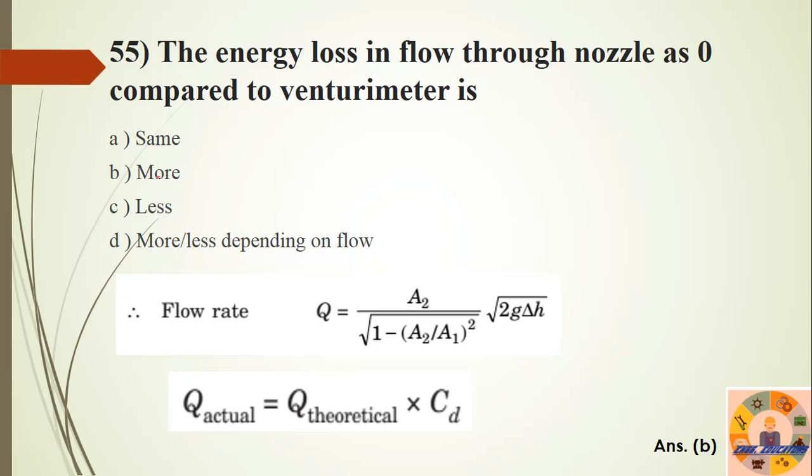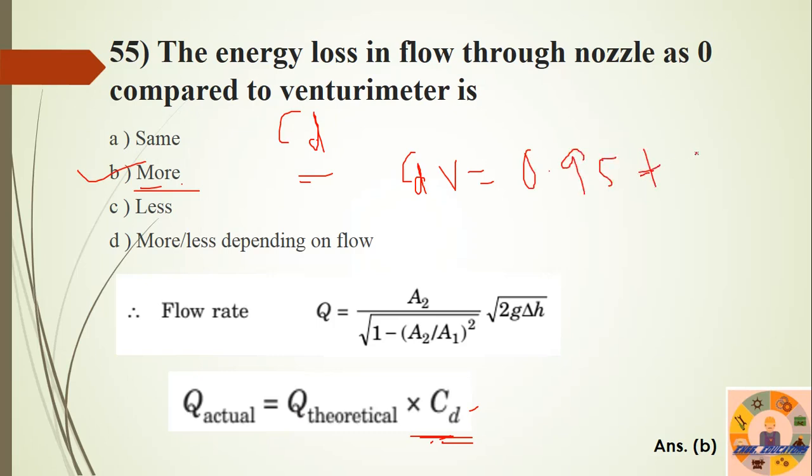So the right answer of this question will be option B, more, because we know Q actual is equal to Q theoretical into CD, and here the CD, that is the coefficient of discharge for Venturimeter, is around 0.95 to 0.98, and the coefficient of discharge for nozzle is around 0.7 to 0.9.